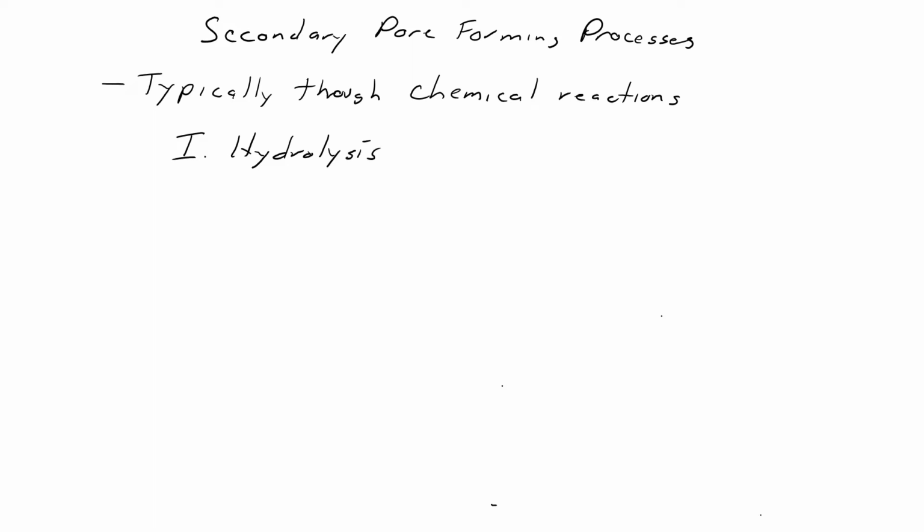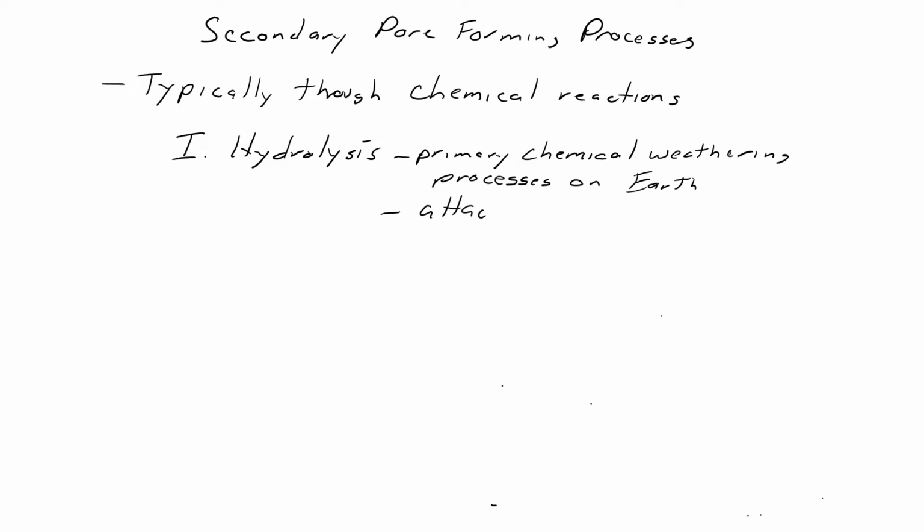This is one of the primary chemical weathering processes that we have here on Earth. And the reason that it is so important is that it attacks the silicate minerals.